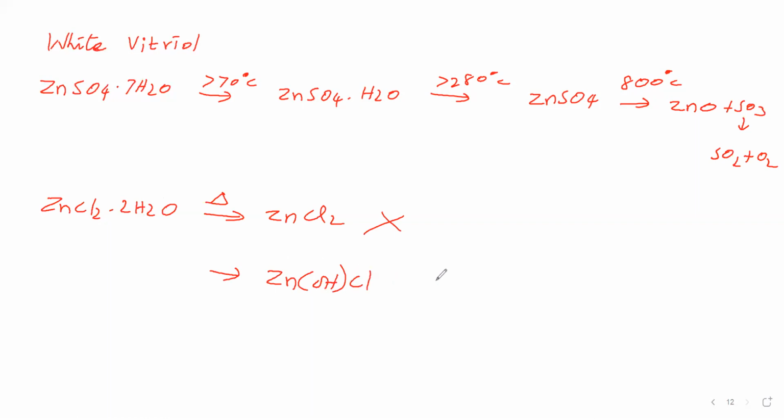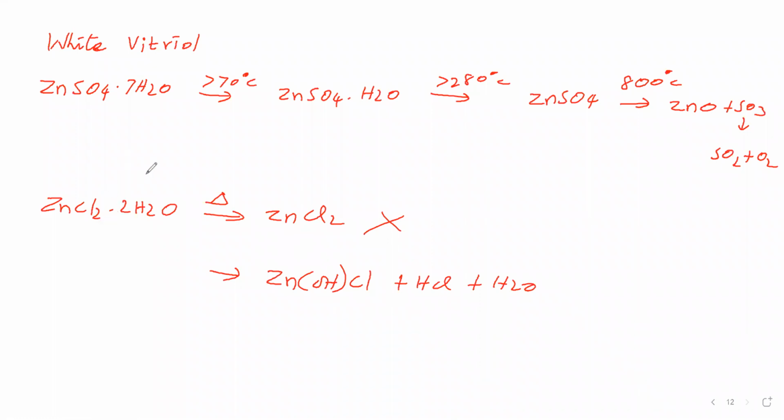That means Zn2+ takes OH- from water and becomes Zn(OH)Cl. One water molecule gives one OH- to the zinc ion and the remaining H+ combines with Cl- to become HCl. Therefore, we cannot get anhydrous zinc chloride by heating hydrated zinc chloride.